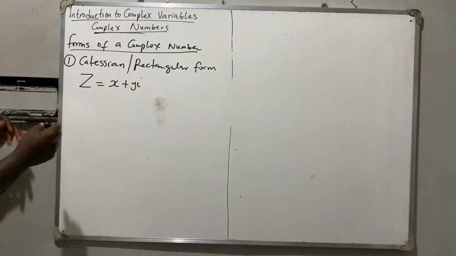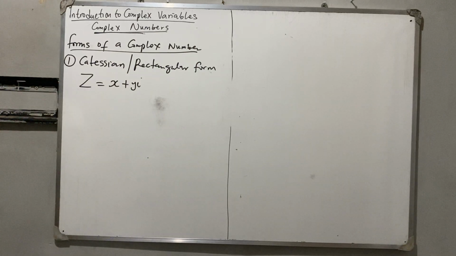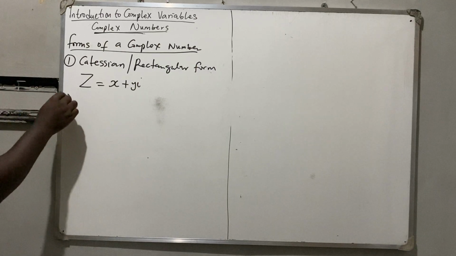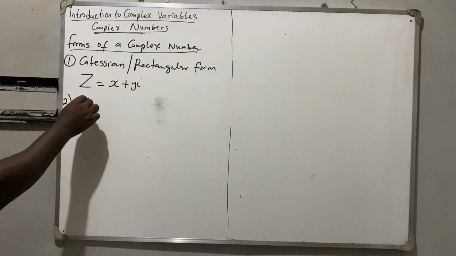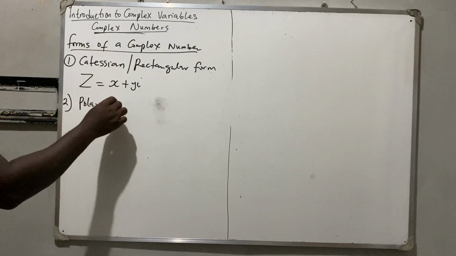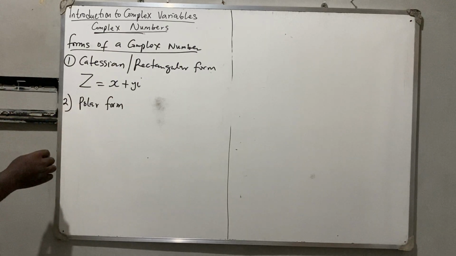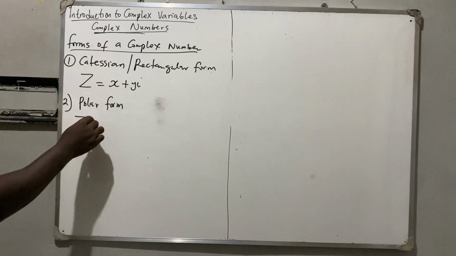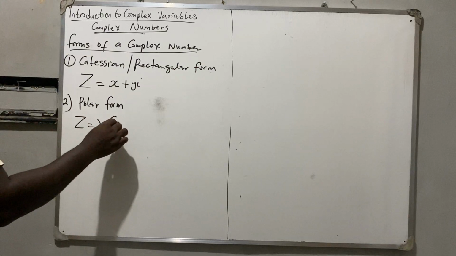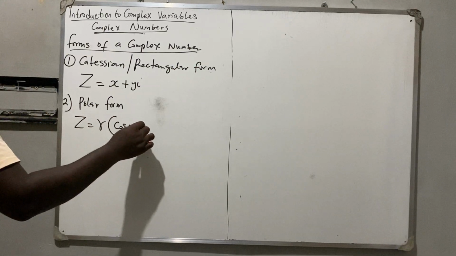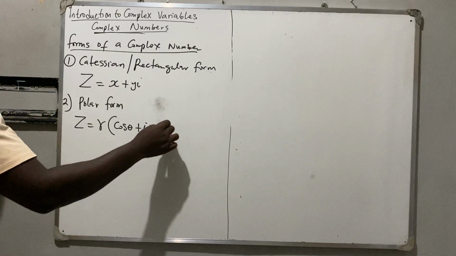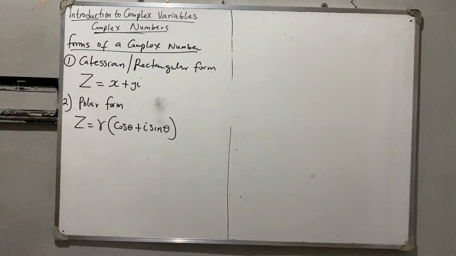So this is called the Cartesian or the rectangular form of a complex number. The second one is what we call the polar form. The polar form of a complex number is given as Z is equal to R in bracket of cos theta plus I sine theta.